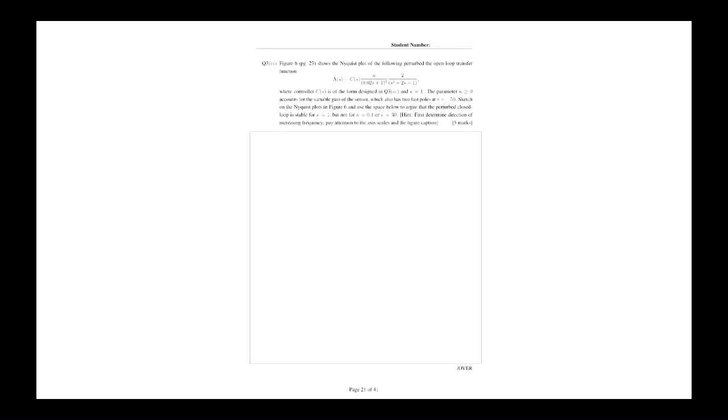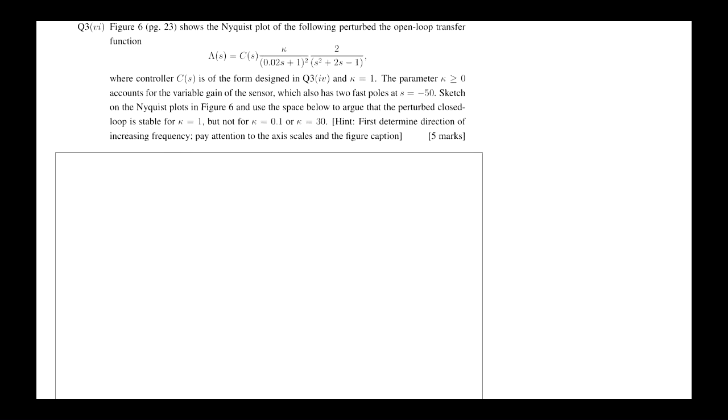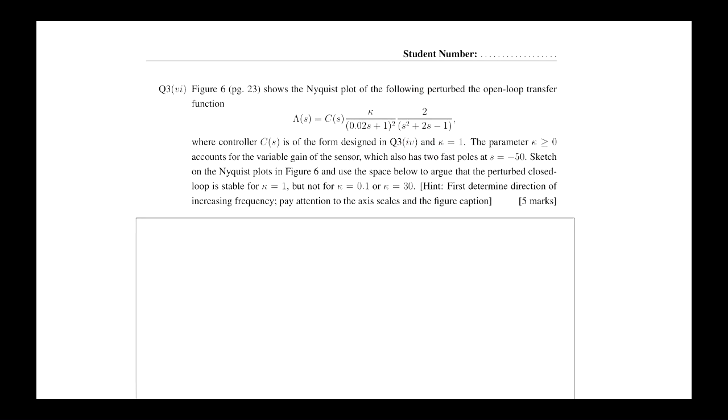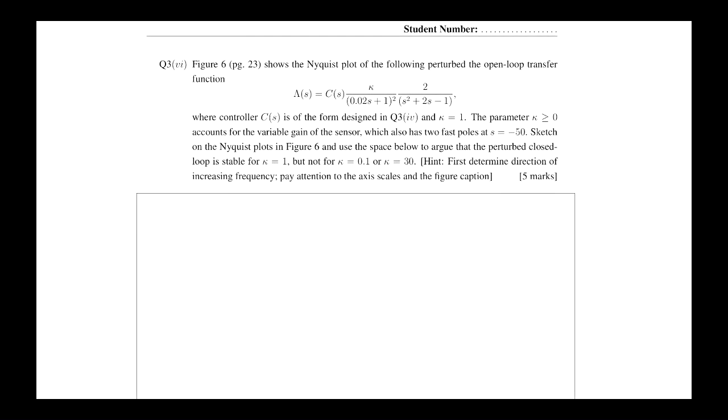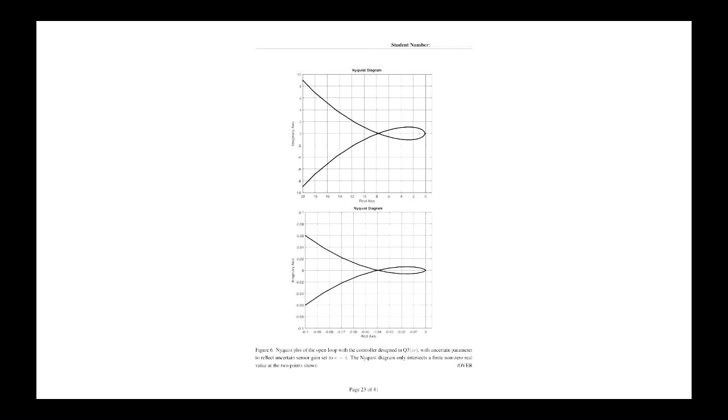Qualitatively describe the behaviour of the system in terms of its steady state response. What happens if we perturb the open loop transfer function in some way, to account for the fact that a sensor has a low pass filter on it or something like that? Analyse what happens in terms of a Nyquist plot.